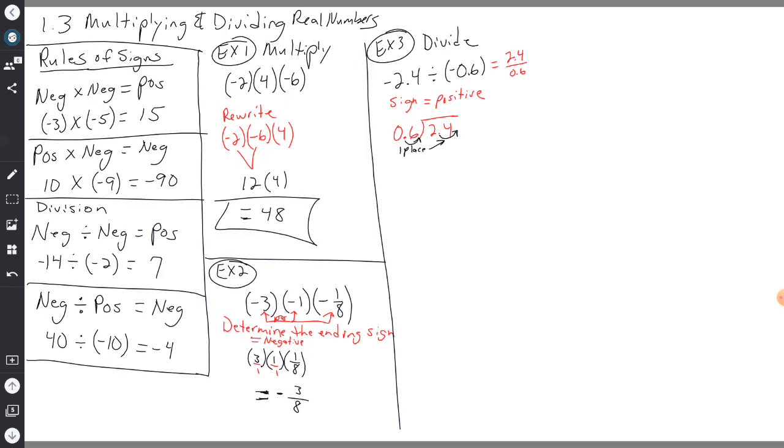So whatever we do to this outside, we have to do the same amount of places to the inside. And it becomes 6 divided by 24 in that case, which is what? All right, so 4. And when we do our multiplication, we're going to have a 0 remainder. So the answer, or the result, is 4.